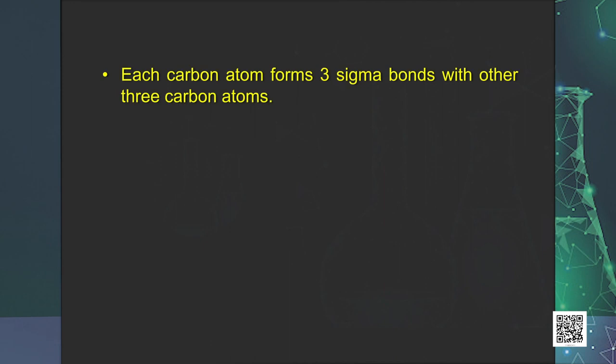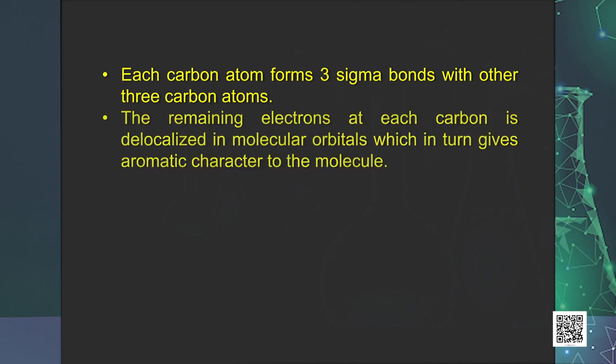All the carbon atoms are equal and they undergo sp2 hybridization. Each carbon atom forms 3 sigma bonds with 3 other carbon atoms. The remaining electron at each carbon is delocalized in molecular orbitals, which in turn gives aromatic character to the molecule.